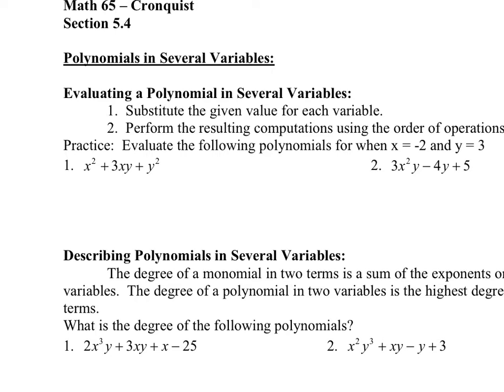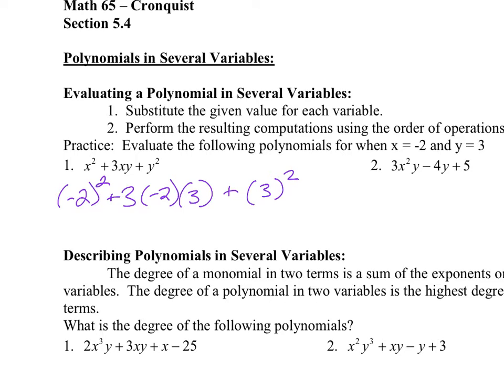So in this case, number 1, x is minus 2, y is 3. I have minus 2 squared plus 3 times minus 2 times y, which is 3, plus 3 squared.